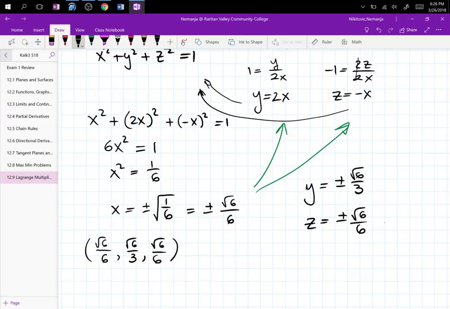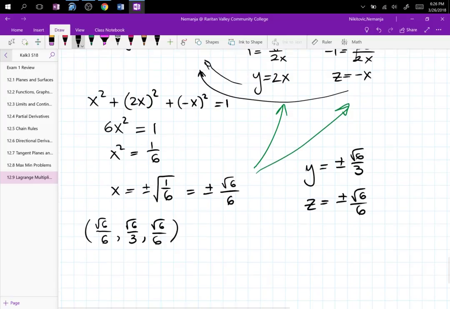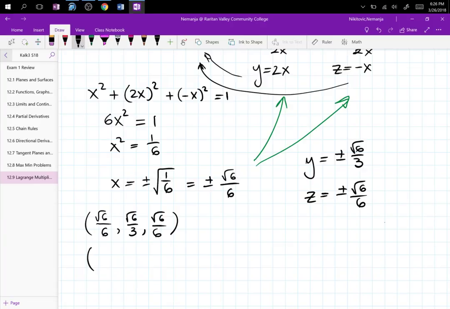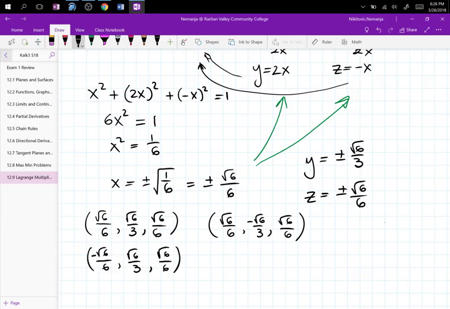And then you will change maybe the x component only. So negative root 6 over 6, and keep the rest. And then you might change the y component: root 6 over 6, negative root 6 over 3, and then root 6 over 6. And then on the bottom, again, x change.